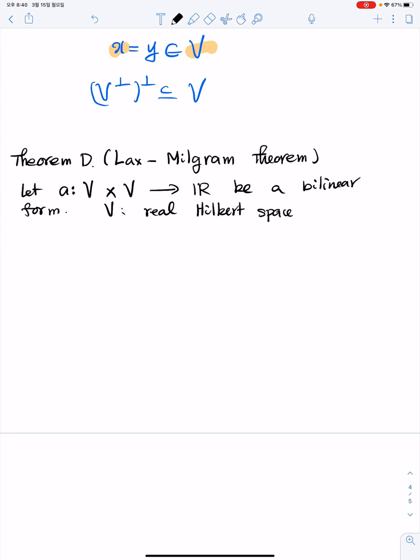Bilinear means that when you fix one variable, it is linear in the other. And such that we have the following two conditions.